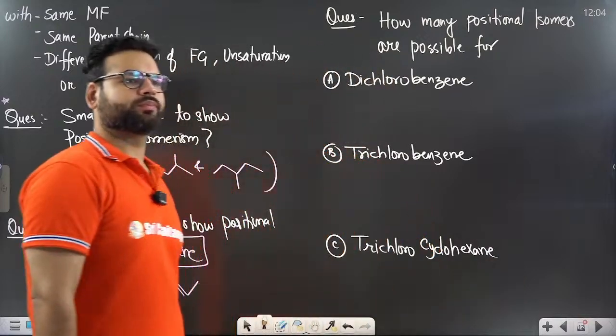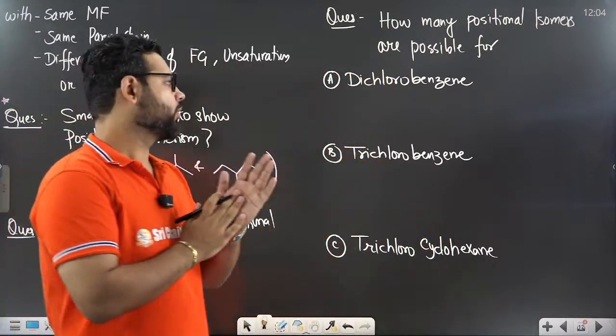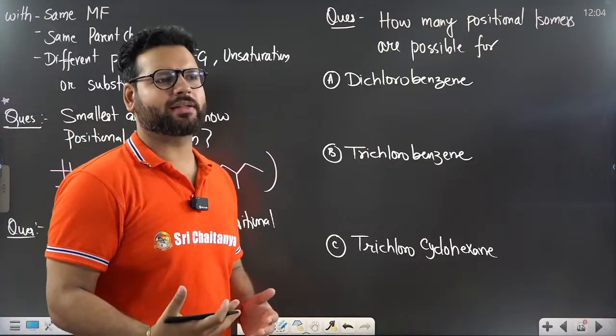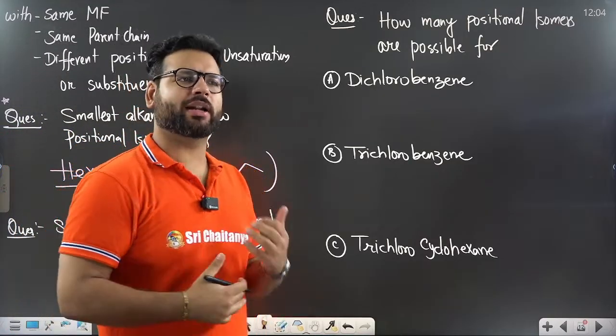Do it carefully. Okay. Dichlorobenzene, trichlorobenzene, trichlorocyclohexane. I am asking how many positional isomers are possible.